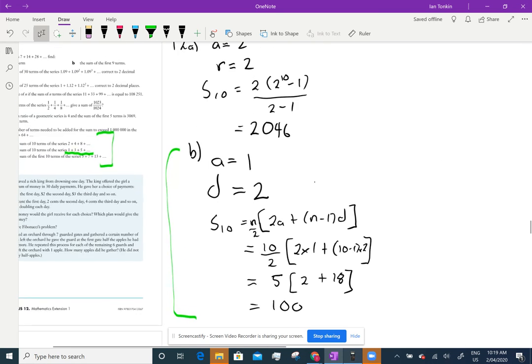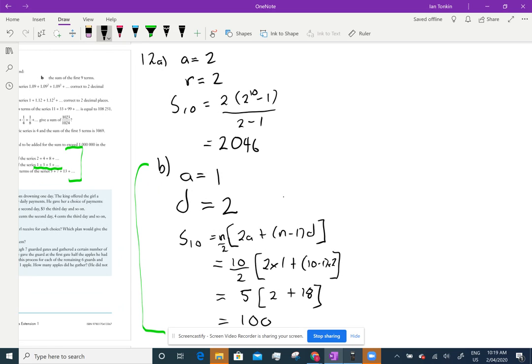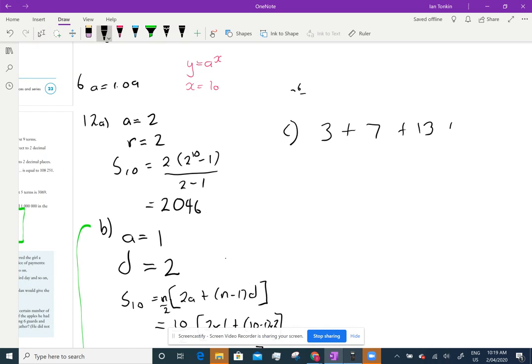So what are we doing in C? And this is even trickier. So C, what do we got? 3 plus 7 plus 13, plus ... they should give us a few more.